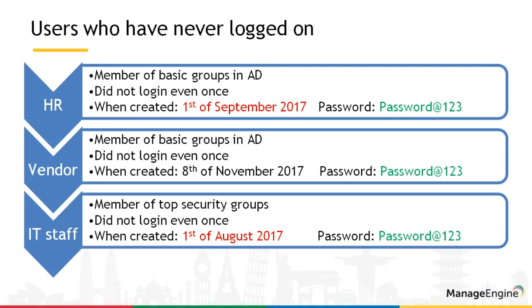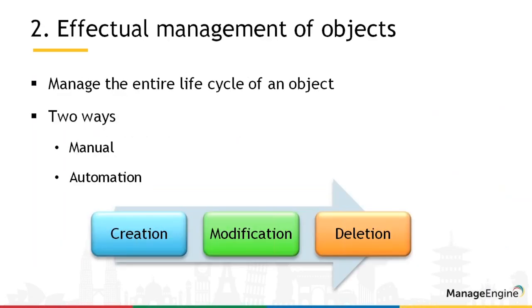Now, I'm done with the first responsibility, the first category that I wanted to share with you. The second one will be, apart from retrieving information from Active Directory, you administrators also have this task of managing objects within your Active Directory infrastructure.